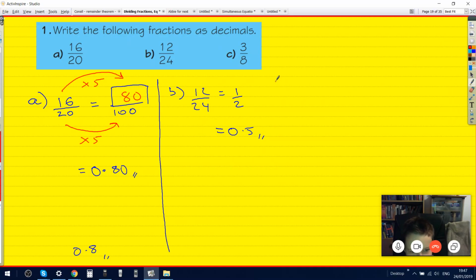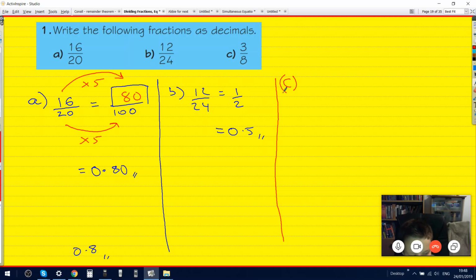Okay, how would you do part C? Part C. Write the following fractions as decimals. 3/8. So 3/8 as a decimal. I think you first would work out how many times 8 goes into 100. It won't be easy.